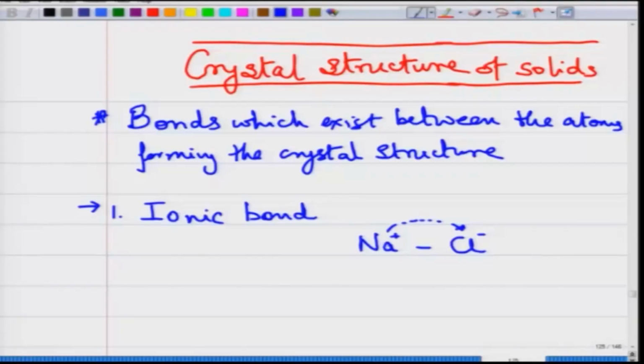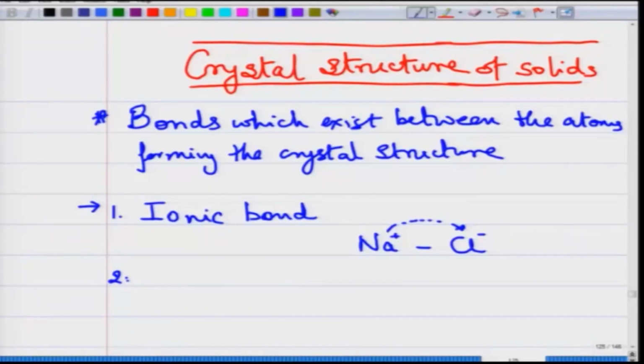So, this is called an ionic bond, where there is the formation of ions, one of them donates an electron, the other accepts an electron, resulting in the formation of ions which then attract each other. There is a certain class of materials which form these ionic bonds, and the crystals which form out of them have ionic bonds inside them.